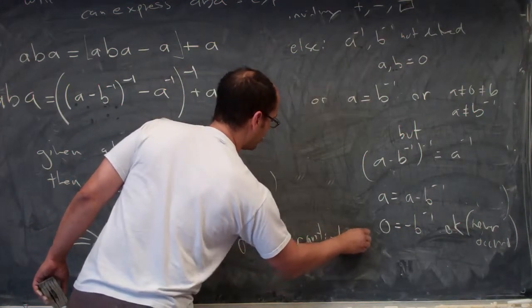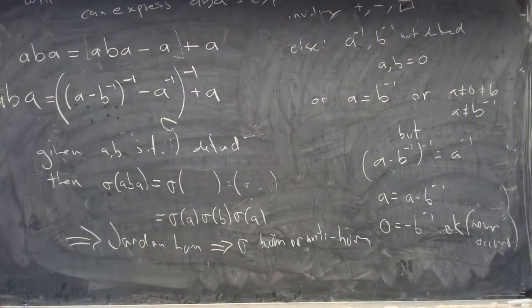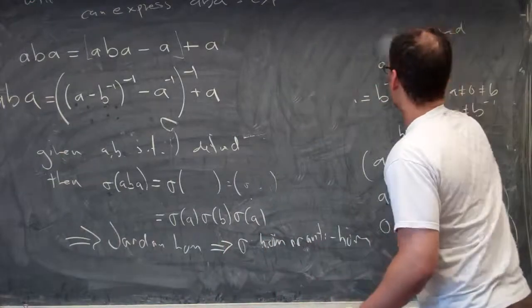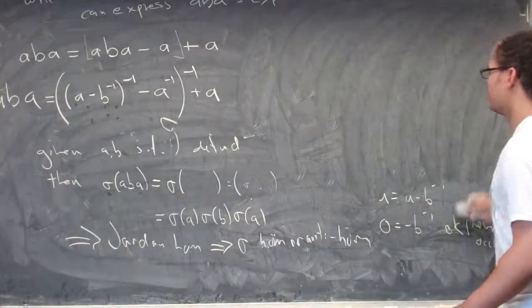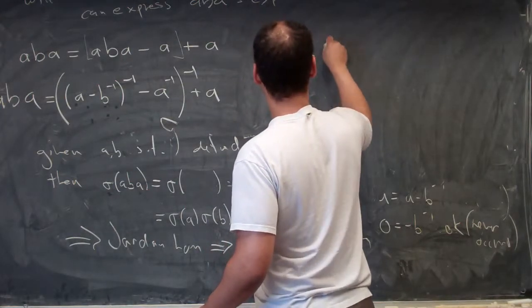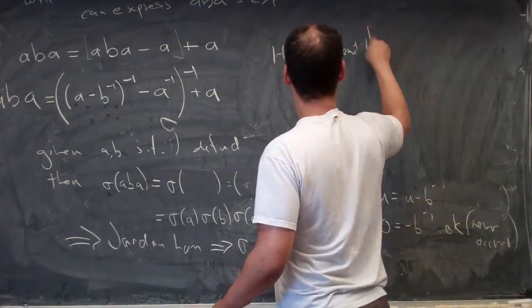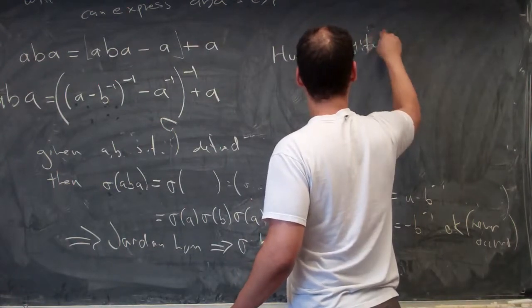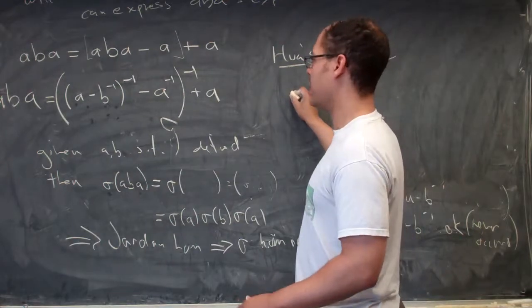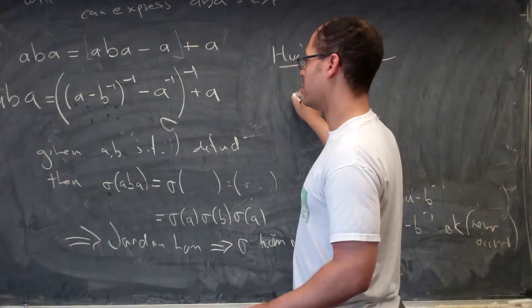Let me state, just because it's good to know, that this identity is pretty famous. It's called Hua's identity. In the usual form, it's written as, how's it usually written?